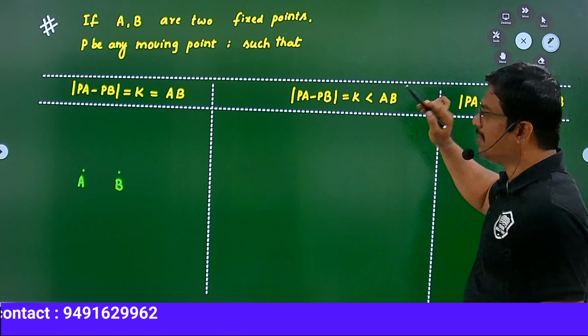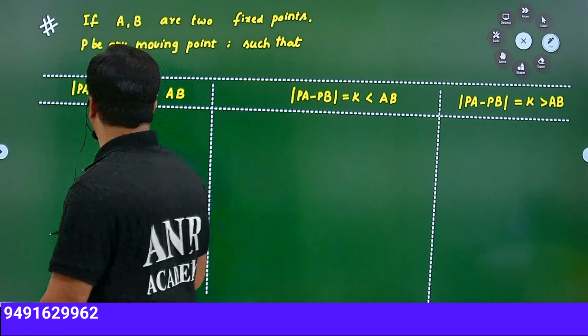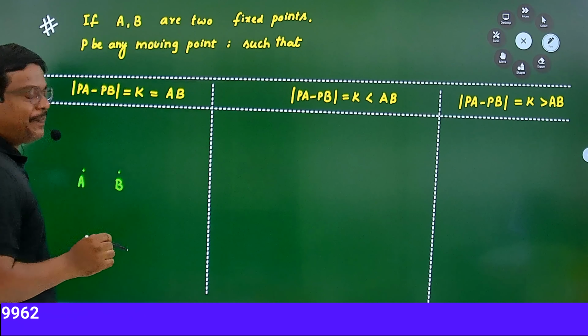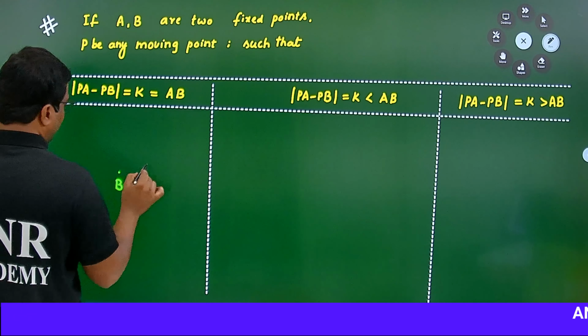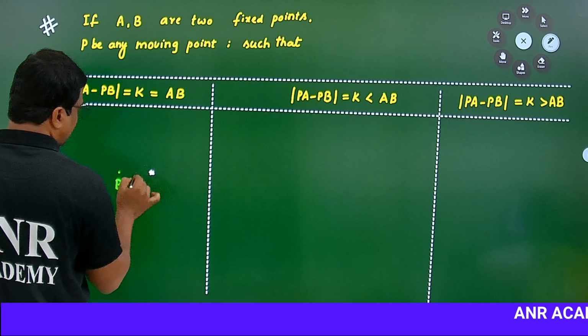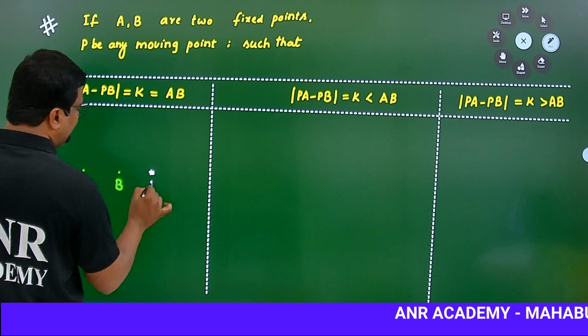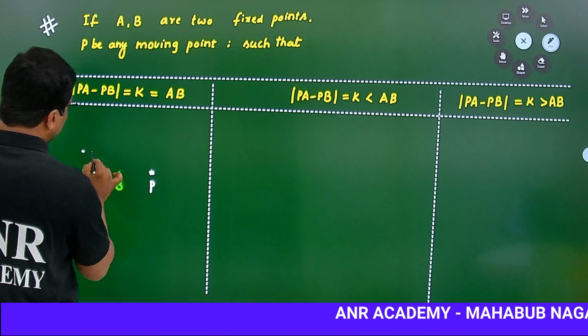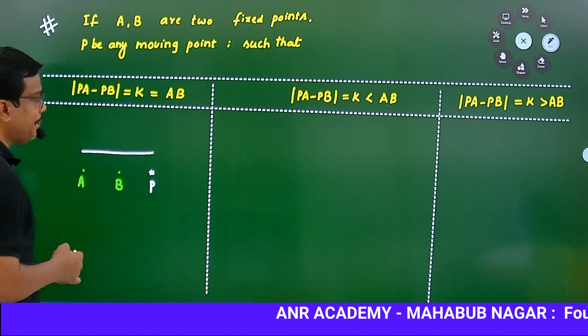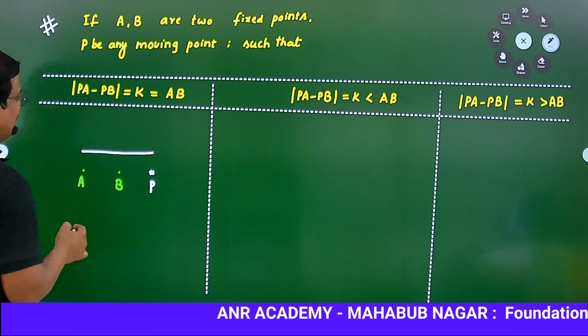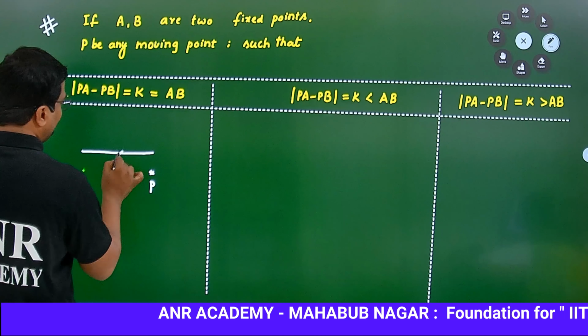Yes, I am going to select the point P outside the line segment and that should be collinear, remember. If I select the point P here, this is the distance from P to A and from which you have to remove the PB distance. Up to PB you have to remove.